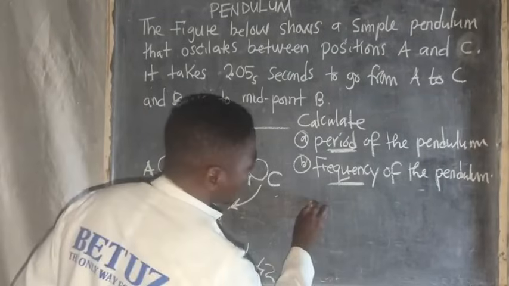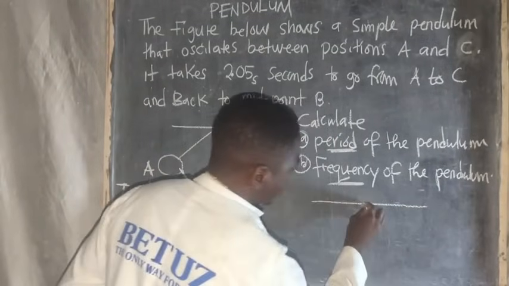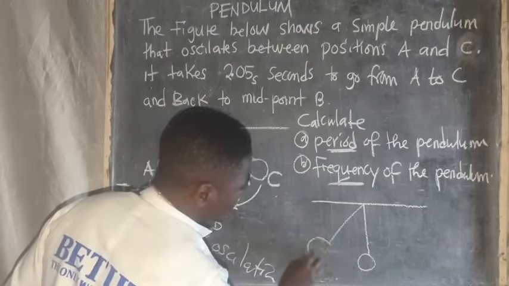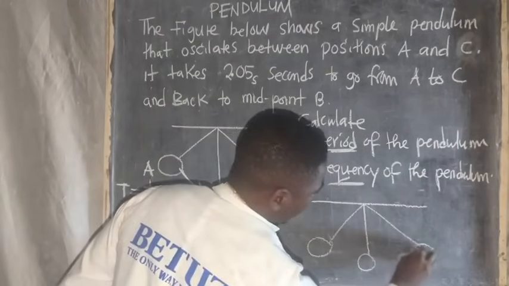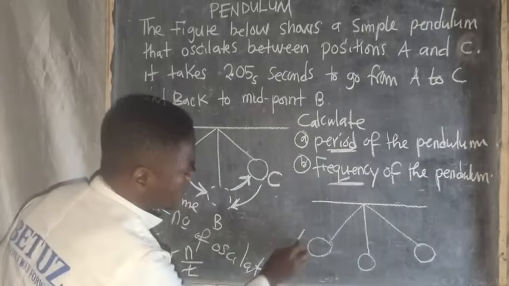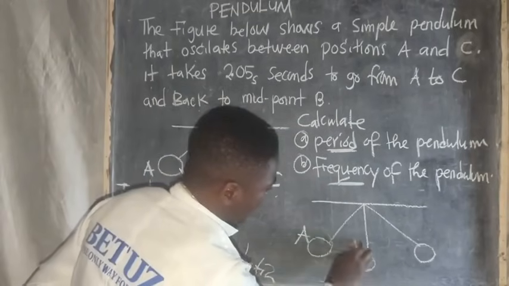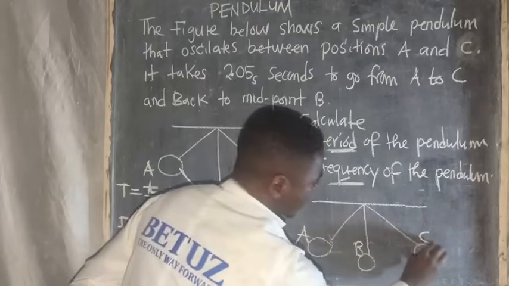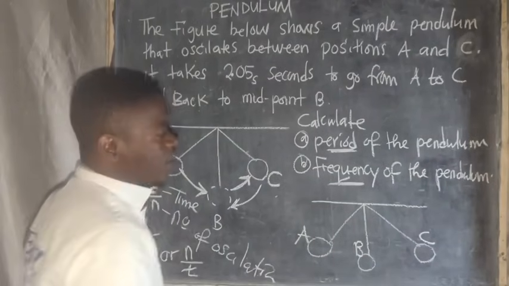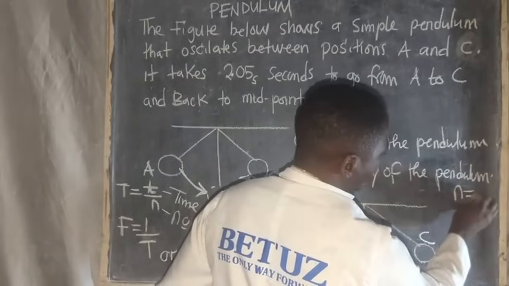So you've got something that is like this. This is just something that I want you to understand. Let me say this is A, same diagram, B and C. So a complete oscillation is when N is equal to 1.